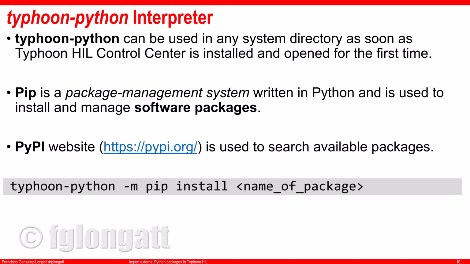Now, the very important question is, how do I install a new package inside the Typhoon Python interpreter? Well, to be honest, the Typhoon Python interpreter allows the installation of new software packages in a very simple way.